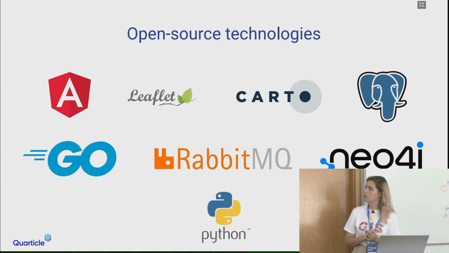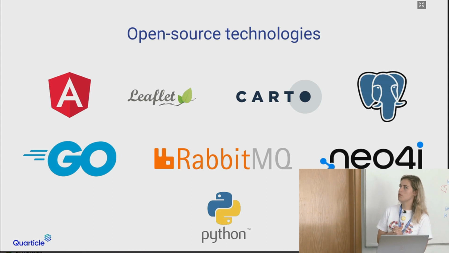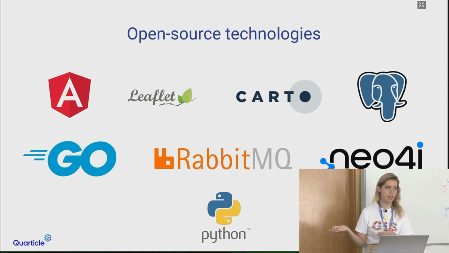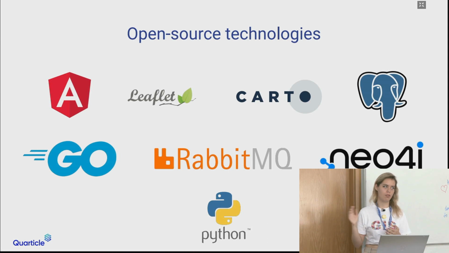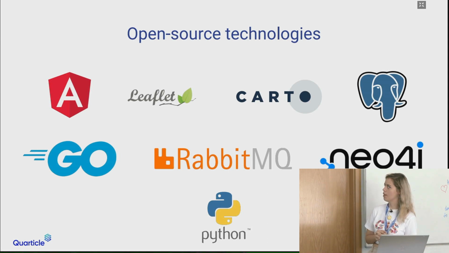And for building the engine, we used Angular, Golang, message queuing with RabbitMQ, PostgreSQL, Python, of course, and for the maps we used the Leaflet library for visualization and operations on the map, and we also used the base map from Carto for developing it.